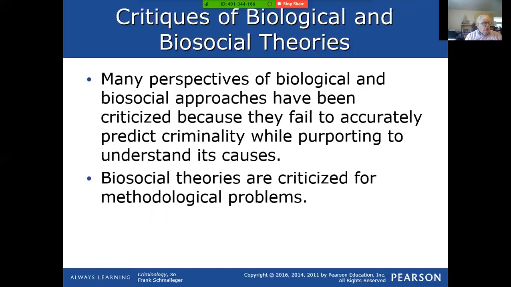The organization he was doing the studies from is now saying that none of that information can be used because they found record-keeping problems and other issues within the studies. That's some of the critique of these biosocial theories, that there are methodological issues, that maybe the study wasn't done completely in accordance with the scientific method.